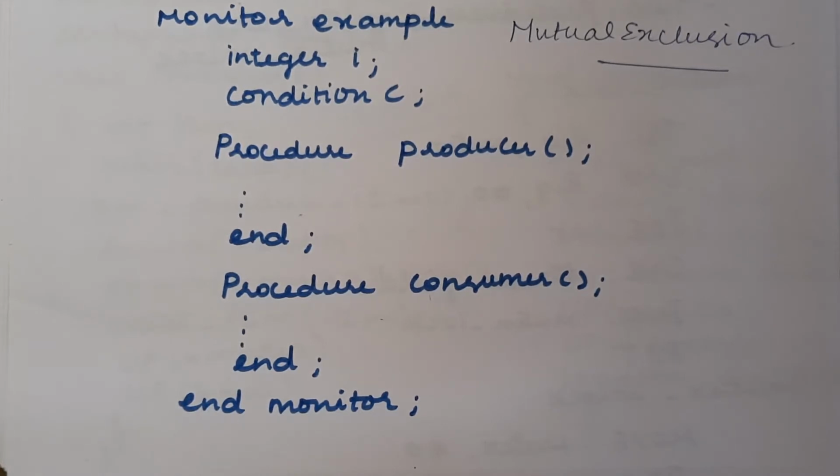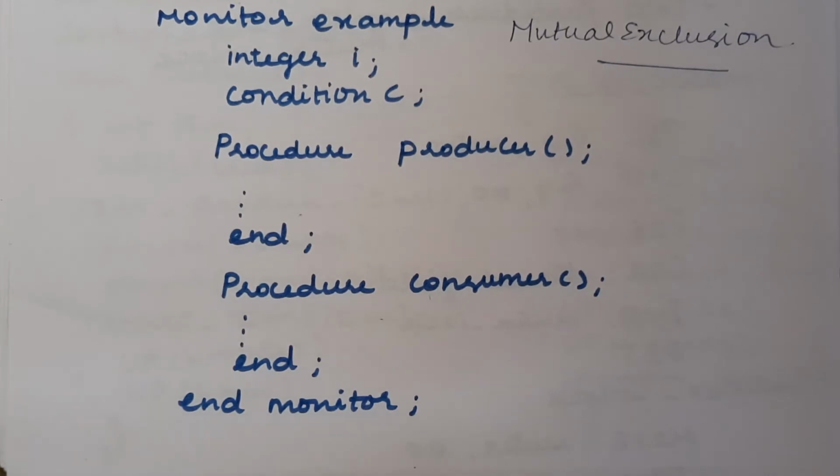This property is achieved with the help of the programming language or the compiler we use to write the monitor. It achieves mutual exclusion by itself, so it is not given by the programmer. The programmer doesn't need to bother about how to satisfy this condition. It is satisfied by default by the programming language itself, which means the compiler takes the responsibility.